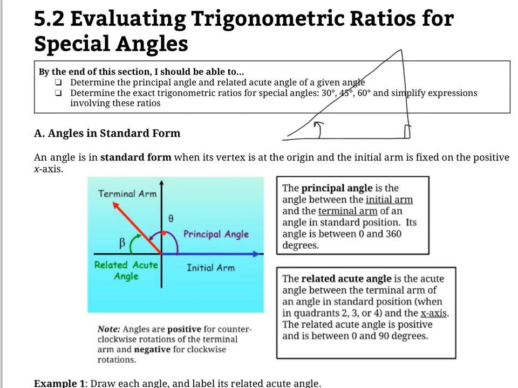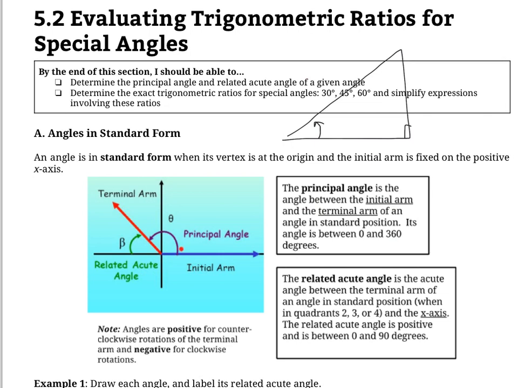So this angle in between is called the principal angle. The principal angle has to be between 0 and 360 degrees. It can start here and then slowly open up, and it can go all the way around until it hits 360.